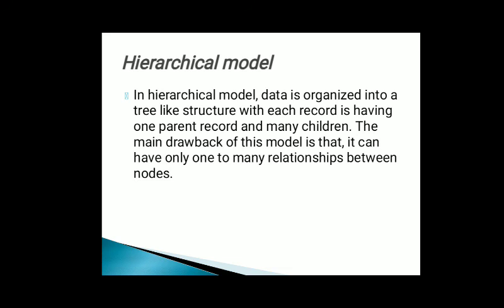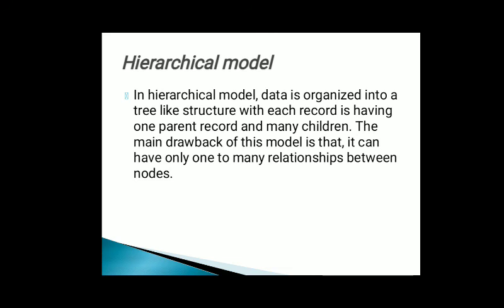Right? Data is organized in a tree-like structure. We study different tree-like structure in a data structure subject. Right? Okay? Hierarchical model is what? Data is organized into tree-like structure with each record having one parent record and many children.